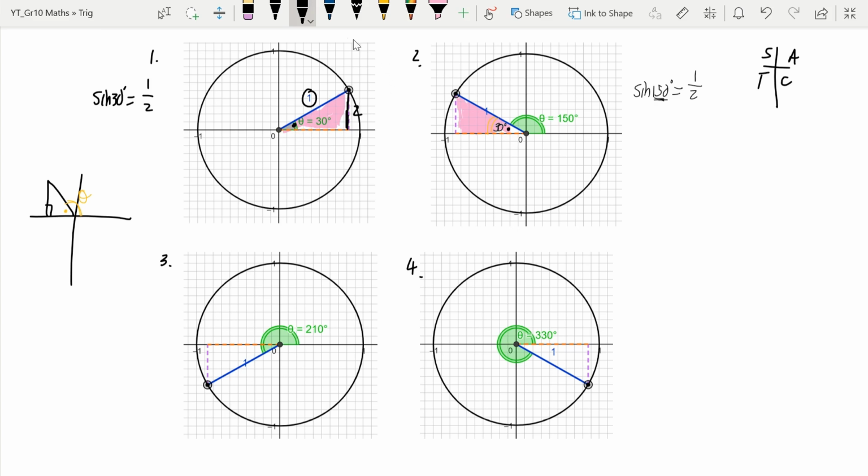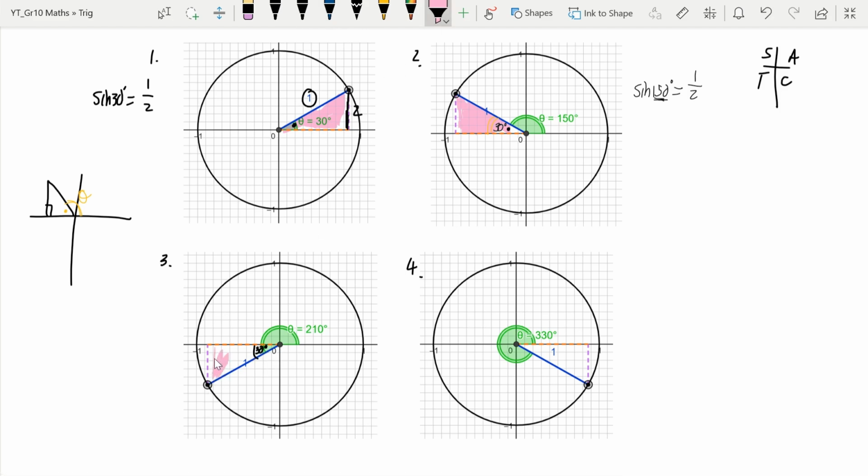All right, let's head over to the third one, where in the third quadrant, according to our CAST diagram, we know that sine will be negative in that quadrant. Okay, so let's have a look. Can you see that I created the exact same triangle over there, where that is 30 degrees again, because 180 plus 30 is equal to 210.